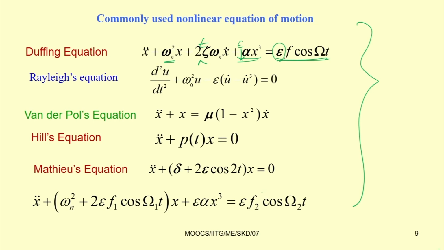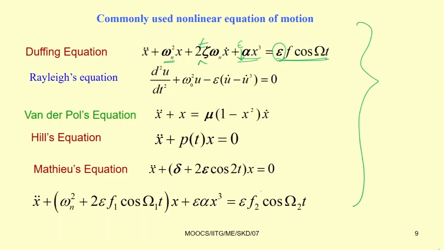If the forcing is strong, then the epsilon term may not be used in this equation. This Duffing equation can be written in many different ways, and many different variations can be done. As I told you, you can introduce epsilon in the damping, or you may introduce a higher order, epsilon square.